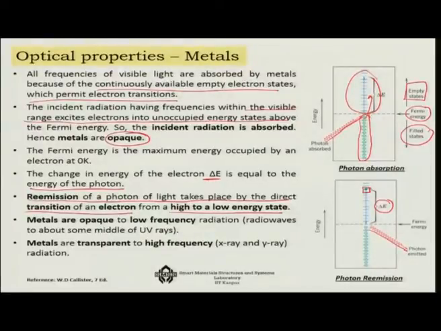Metals are opaque to low frequency radiation, for example from radio waves to about the middle of the UV range, but they are transparent to high frequency radiation. High frequency radiations are not absorbed by these electron sources, so those waves can actually get passed through it.